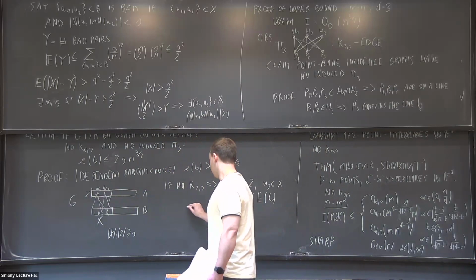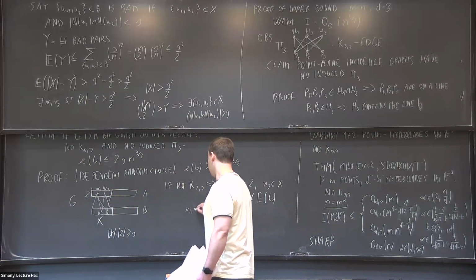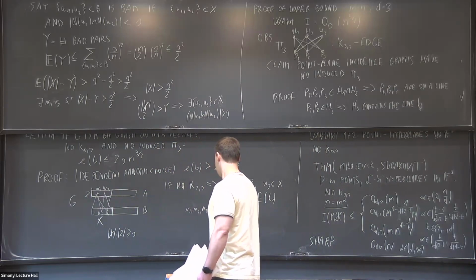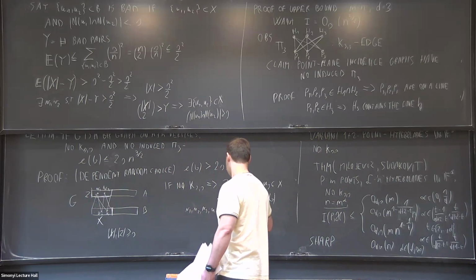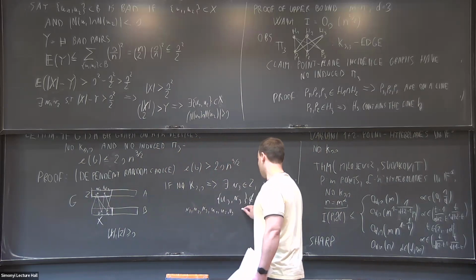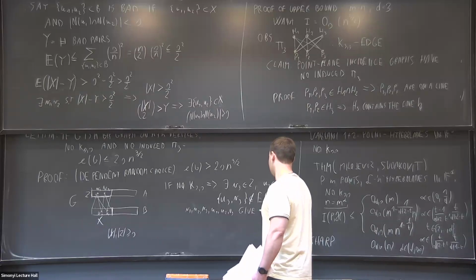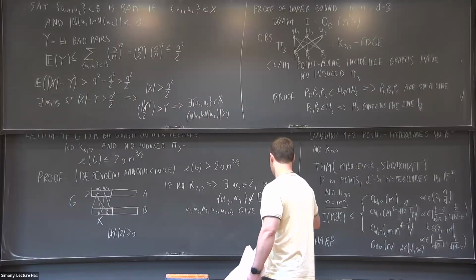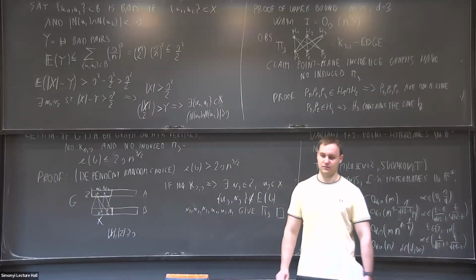So V1, V2, V3, U1, U2, U3 give a copy of P3. And this finishes the proof.